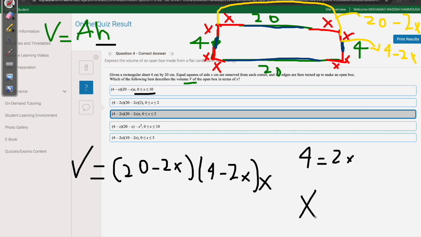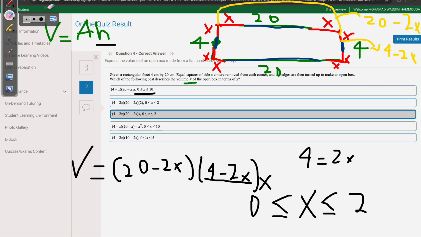So if x is 2, it's gonna be greater than or equal to 0, but less than or equal to 2. That's it. You always take the smaller one and make it equal to 0 so you can find out the condition. And the 0 will always be there.